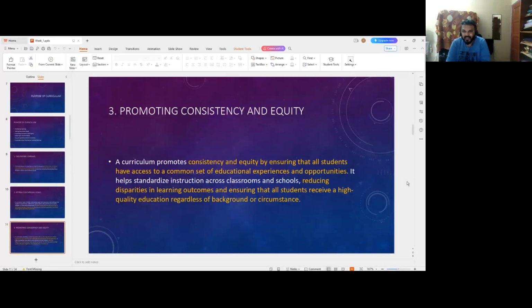This will help reduce disparities in learning outcomes, making sure all students are treated equally by receiving a quality education regardless of their background or situation.